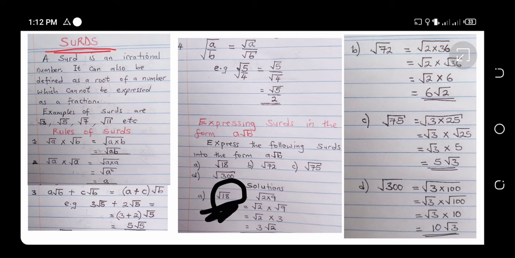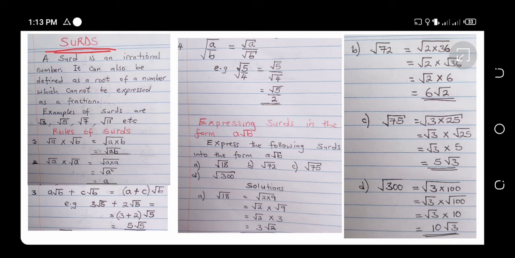The square number which is a factor of 18 is simply 9. So root of 18, we can write it as root of 2 times 9, whereby 2 is not a square number, but 9 is a square number. But when you multiply them, you go back to 18.